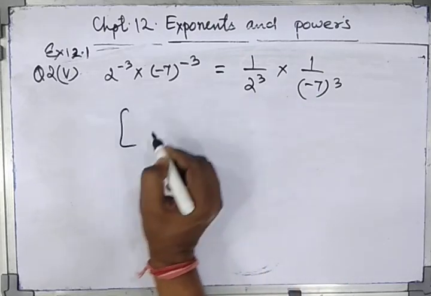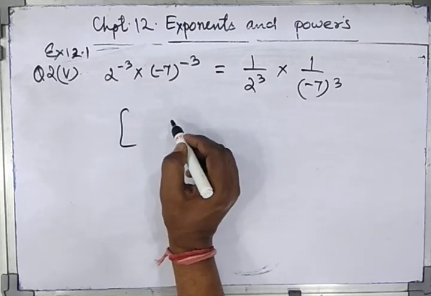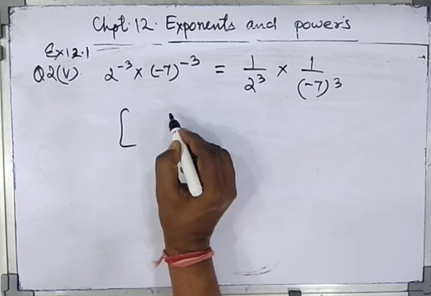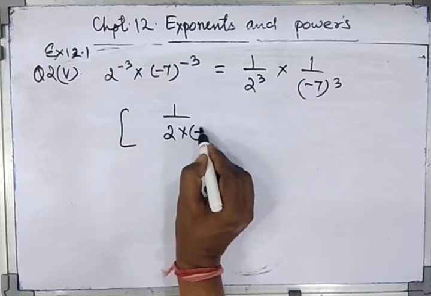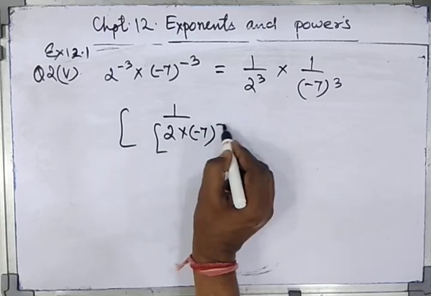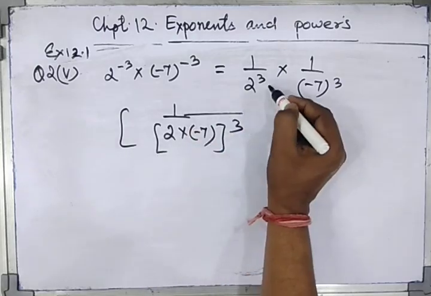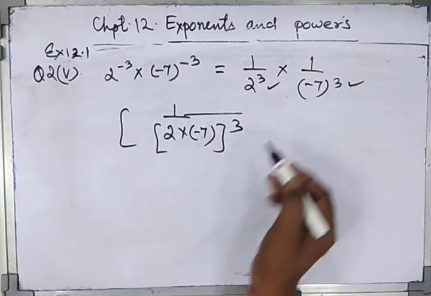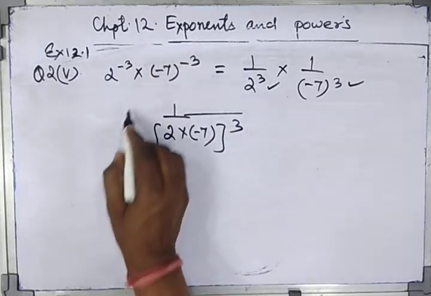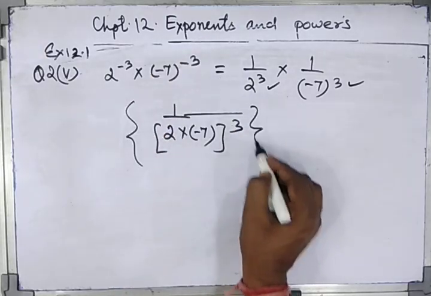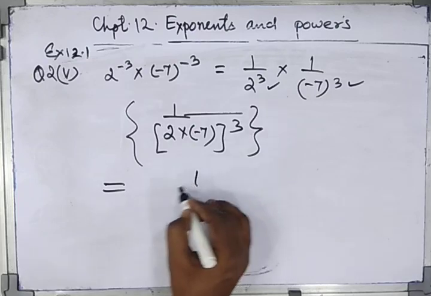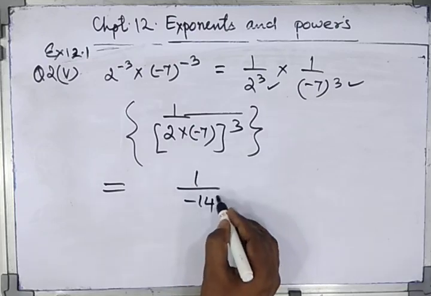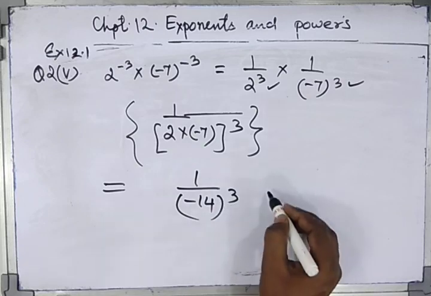And according to the formula, 1 by 2 into minus 7 whole raised to 3, because the exponent is the same. So this will equal 1 by minus 14 raised to 3.